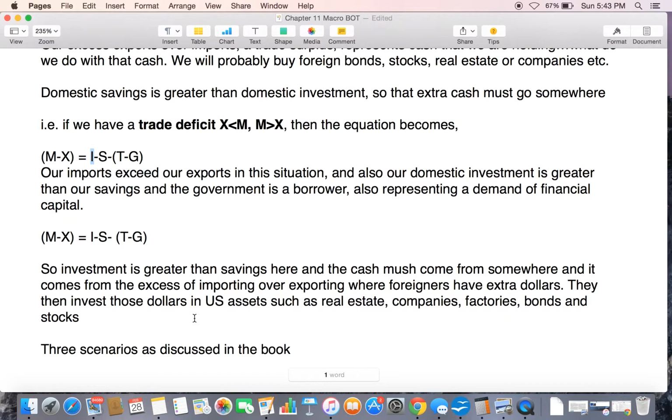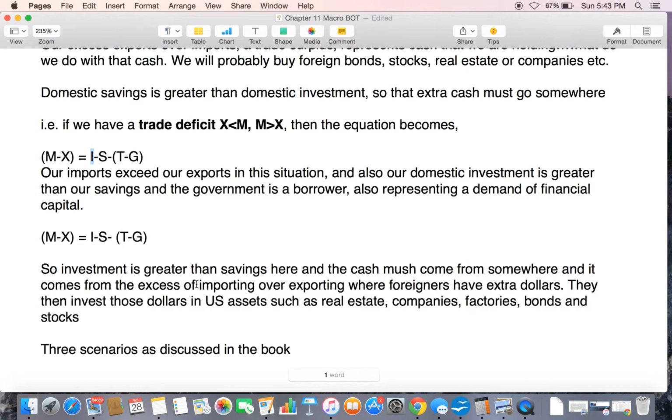So if investment is greater than savings, the cash must come from somewhere, and it comes from the excess of importing over exporting. So when we're importing a lot and we're not exporting as much, foreigners have a lot of extra dollars. They happen to be US dollars, and what they do is they turn around with that extra money that they have from all of the importing that we're doing.